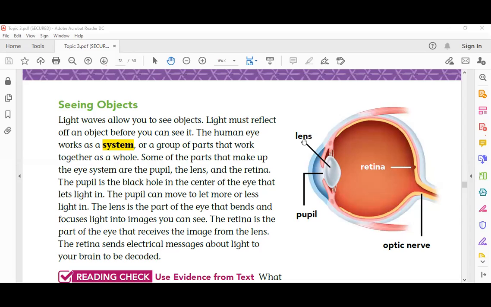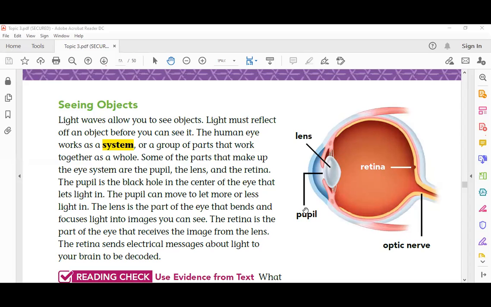For example, there are teachers, students, and the principal, and so on. Your eye is a system because it is made up of different parts like the lens, pupil, retina, and optic nerve. And there are also other parts of the eye. These parts work together as a whole to help you see objects around you.